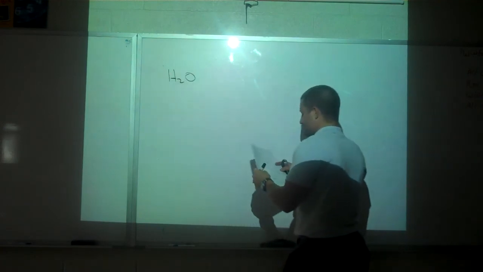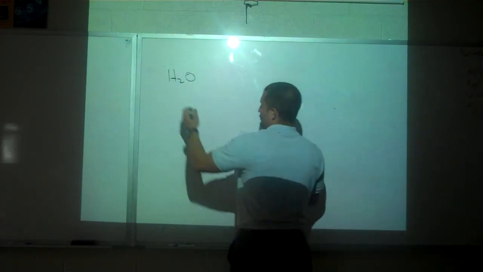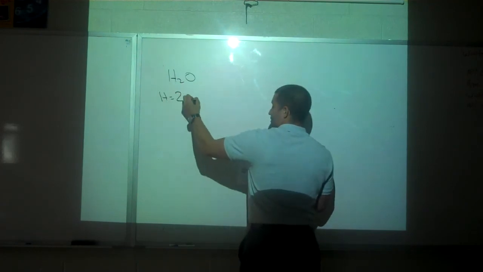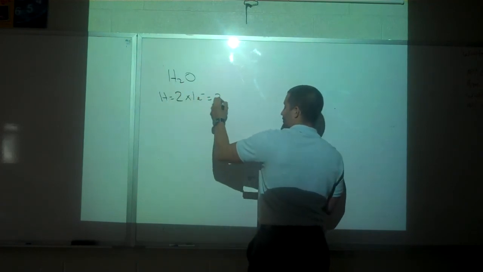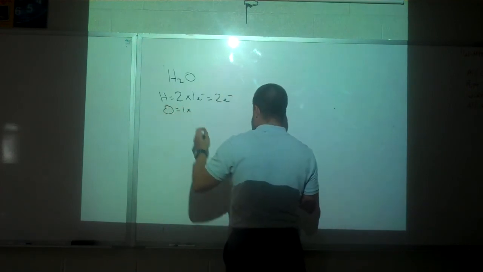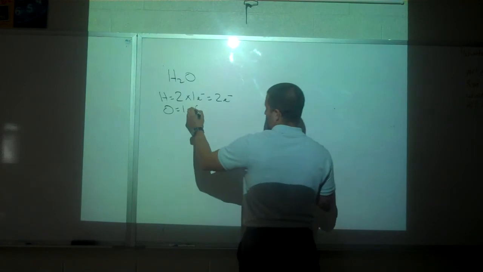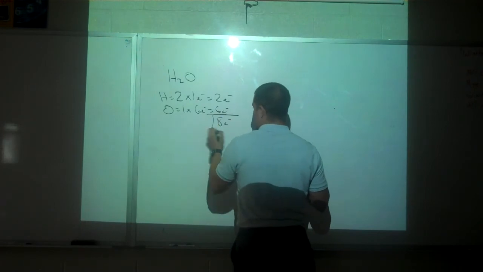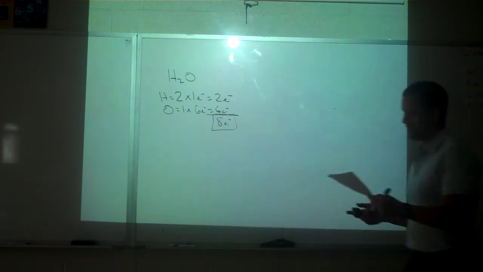So now, I have 2 of these, 2 hydrogens. Right, I have 2 of them right here, times 1 electron, if you know that. 2 total. Oxygen, I have 1 of those, and oxygen I have 6 electrons, remember, looking at the periodic table. 6, so this has a total of 8 electrons. That's the number we want to plug it in with, right?